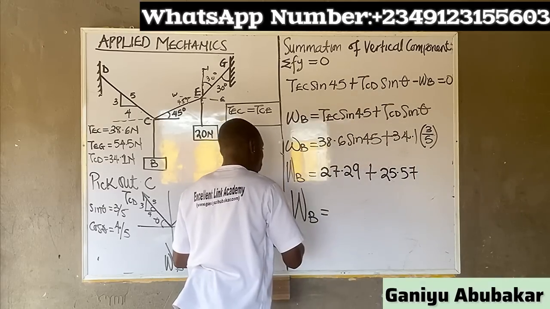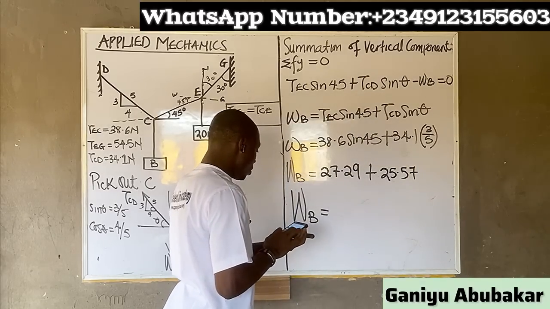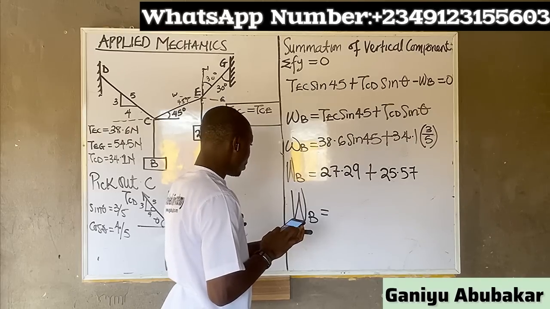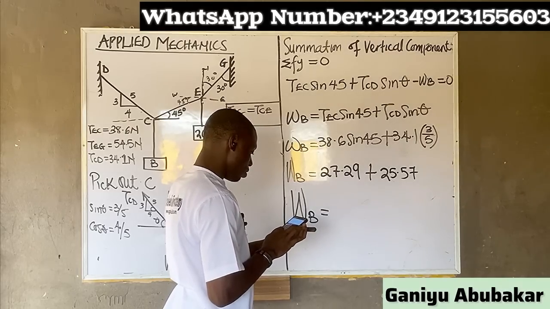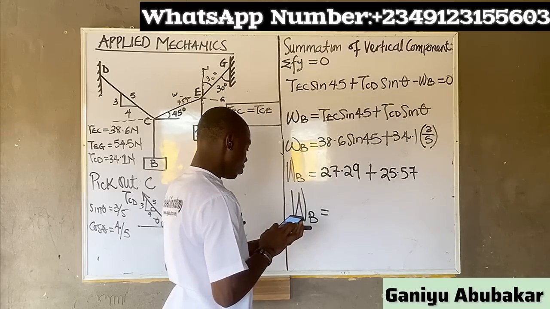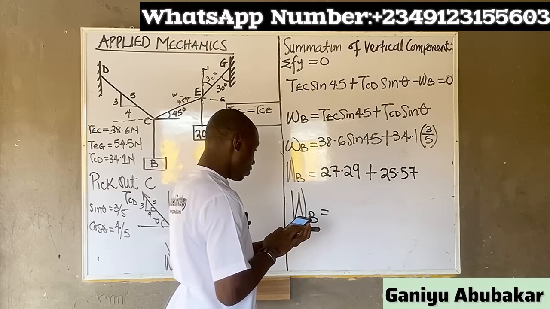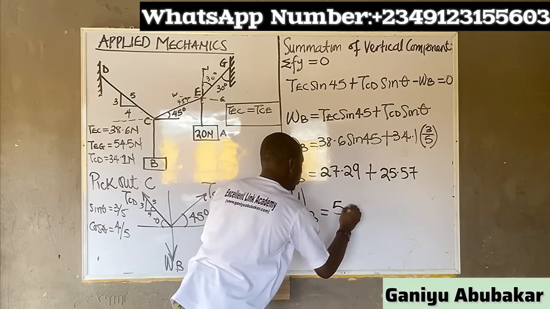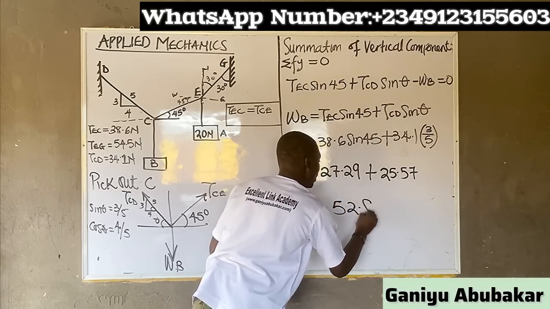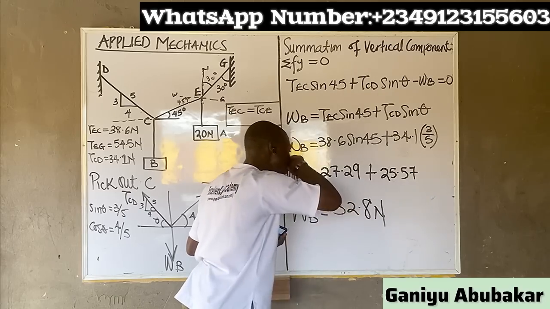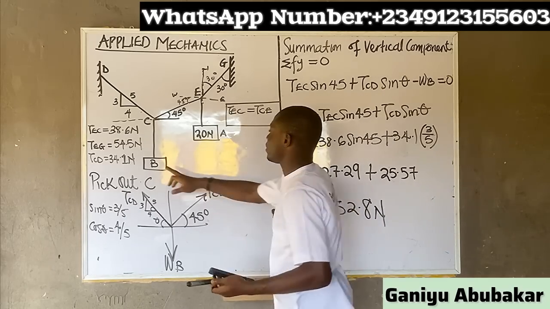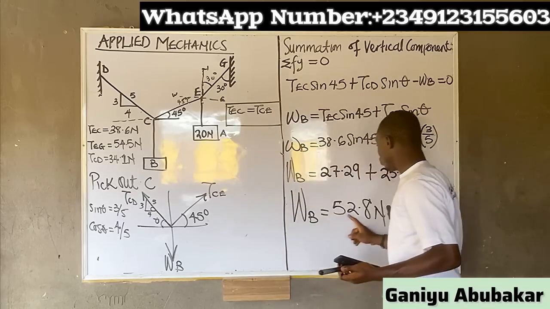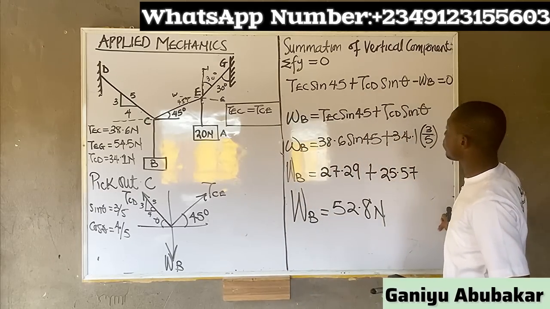Add them up, what do we get? 27.29 plus 25.57. WB gives about 52.8 Newton. So the value of the weight B is of course 52.8 Newton.